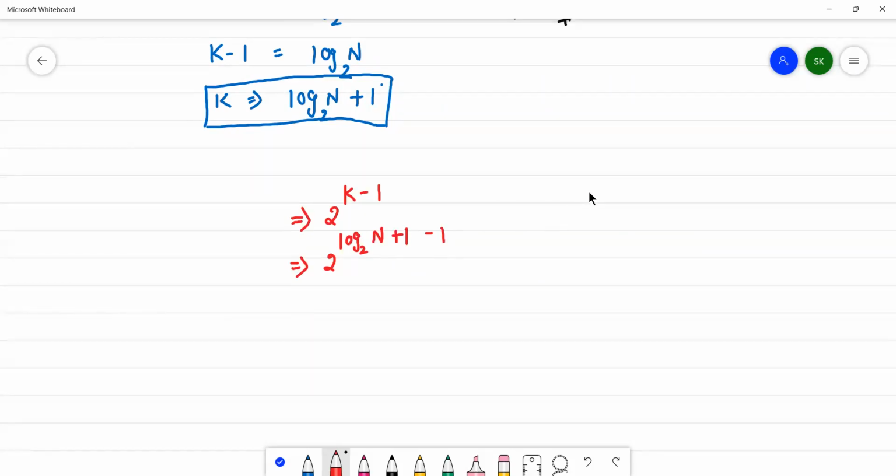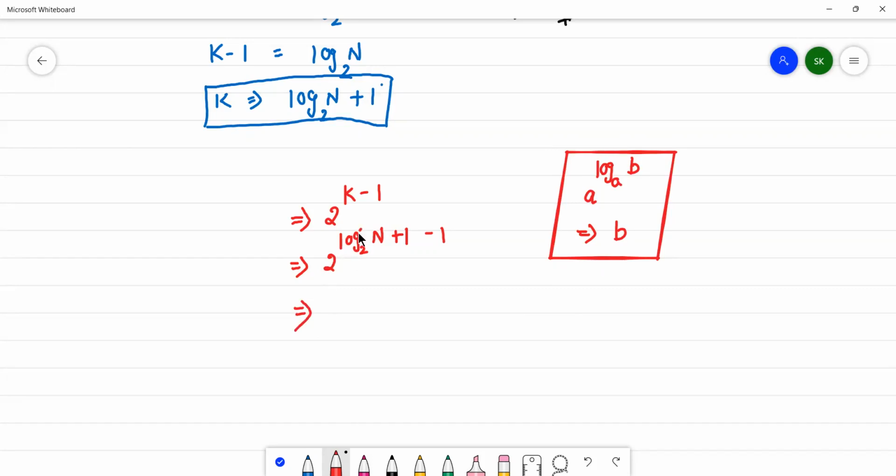And there is one more formula. If the number and the log base are the same, that is a to the power log base a of b, then they just go off and you will get b as the result. This is one more formula. Are you guys getting this? So here this log will go out.